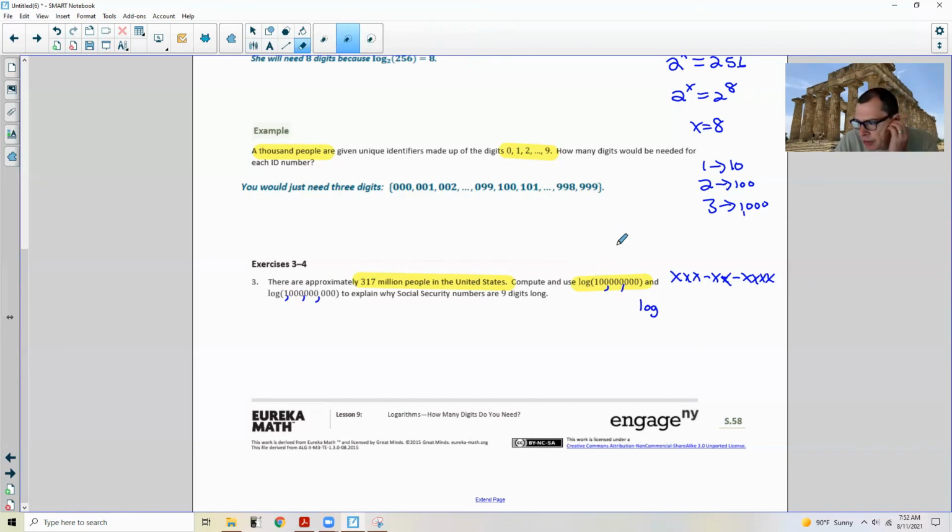We would just say that the log of 100 million, it says to use log of 100 million. Okay, I just need to read the directions, right? The log of 100 million equals, so some number to what power gives us that.